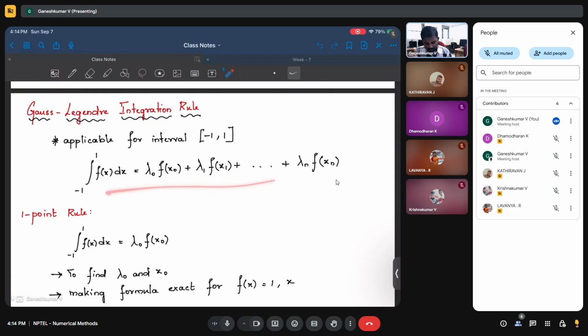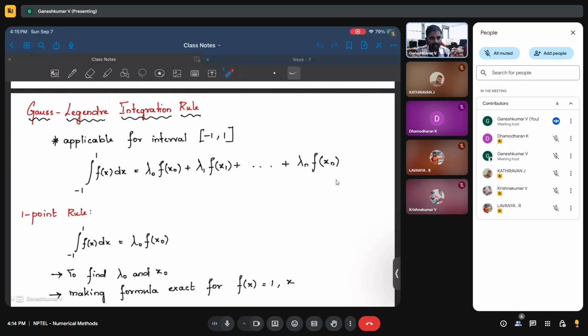Here, for the Gauss-Legendre integration rule, we are going to identify these lambda naught, lambda 1, lambda 2, lambda 3 till lambda n. Depending upon our order of accuracy, we will have to choose lambda naught, lambda 1, lambda 2, and also x naught, x1, and x2. Once you choose them, you can construct a quadrature rule, and you can integrate.